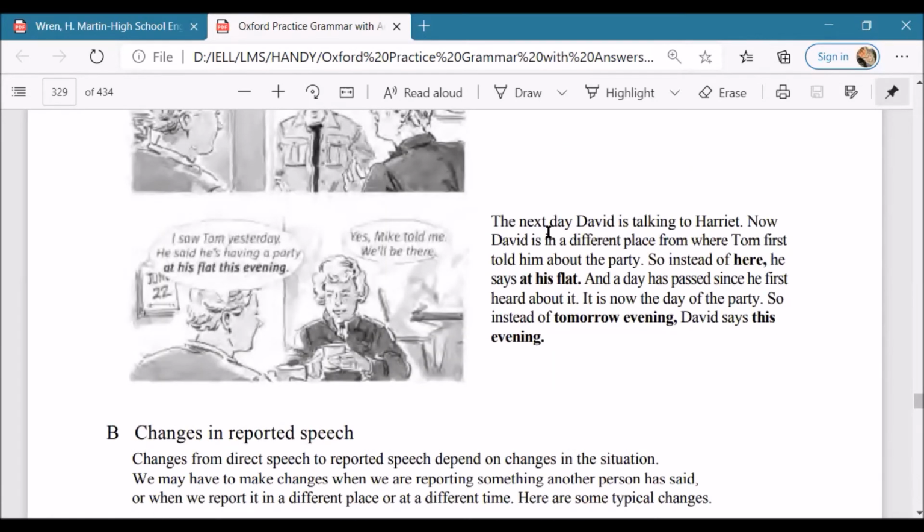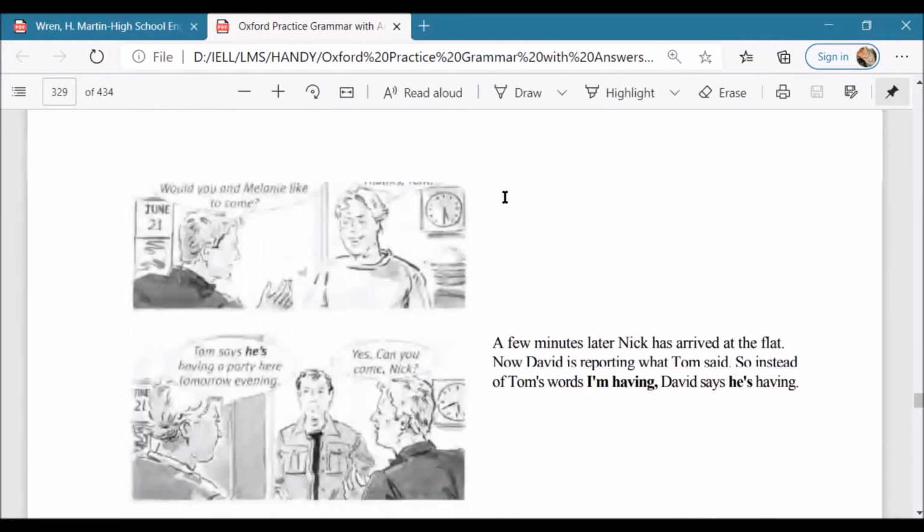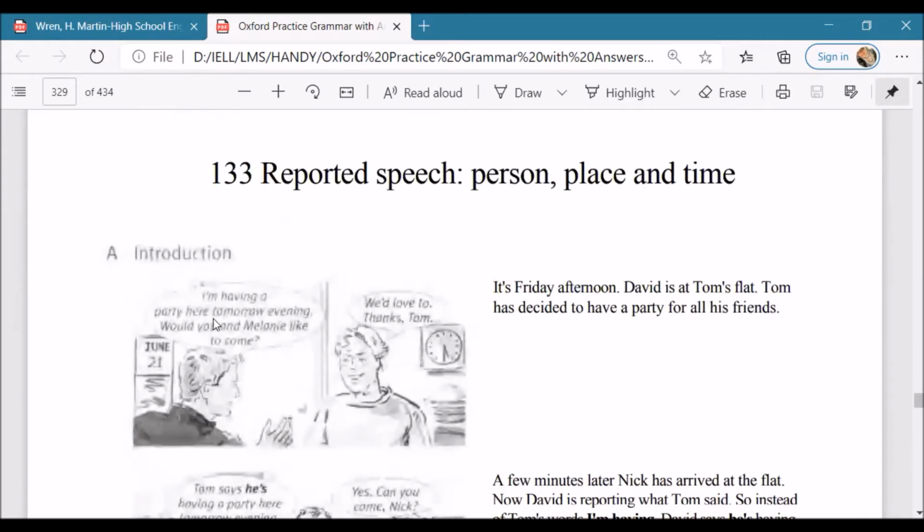Okay, so now we have a time situation where, the next day, David is talking to Harriet. Now, David is in a different place from where Tom first told him about the party. The place has also changed, and the day is the other day, not the same day when he said it. Previously Tom said, I am having a party tomorrow evening.